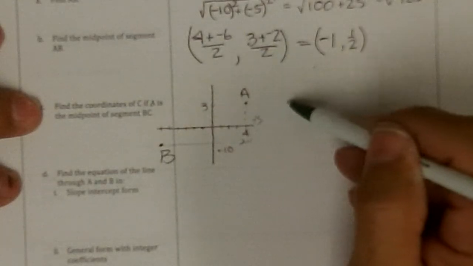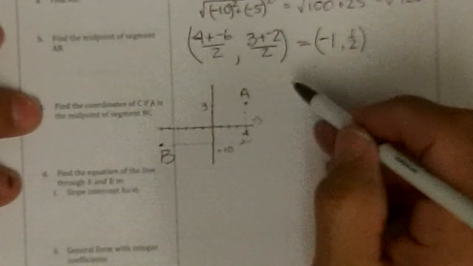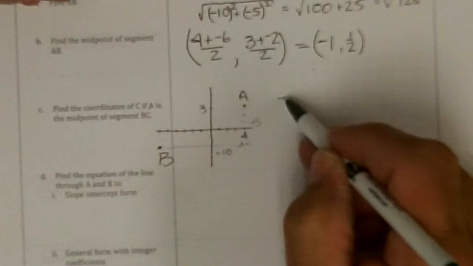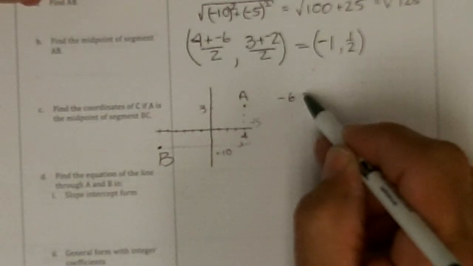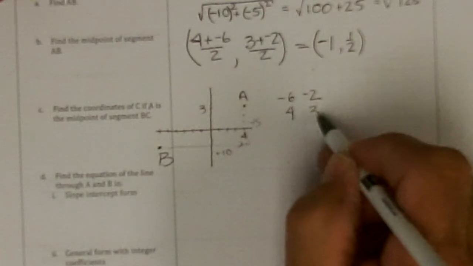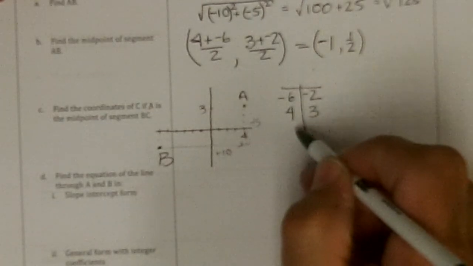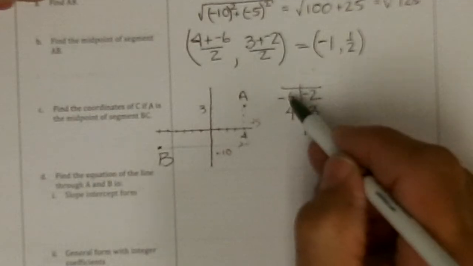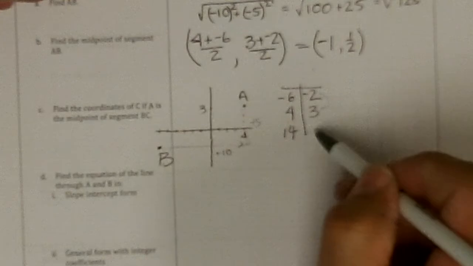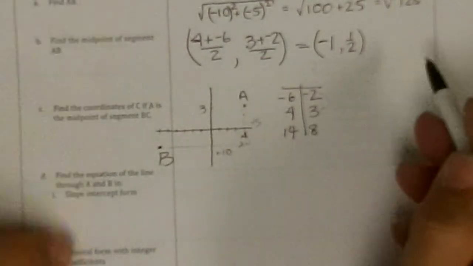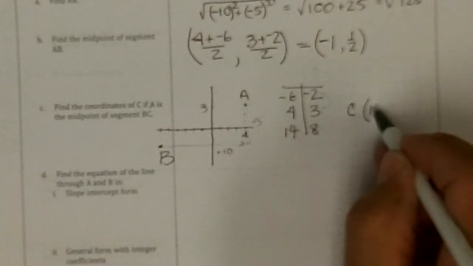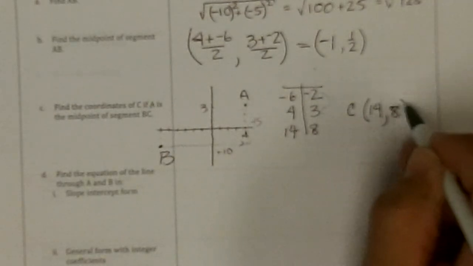And so we'd have to do another 10 and 5, or we could say we're going to go from B, which is negative 6, negative 2, to the middle, 4, 3, and then on to the next point. This goes up 10, so it'd be 14. This goes up 5, and so it'd be 8. And so C would have the coordinates 14, 8.